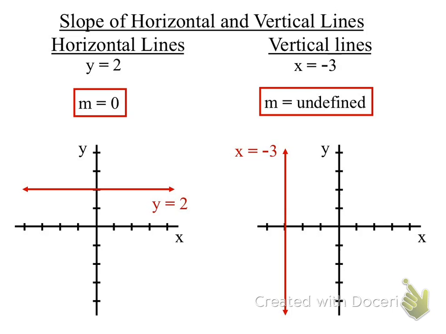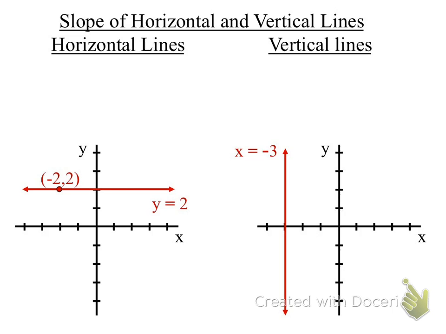Think of it as being undefined. No slope. Here, you're moving from one flat space to another. It's a 0 lift. Horizontal is a 0 slope. Vertical line is undefined or no slope. We use the word undefined or no slope.